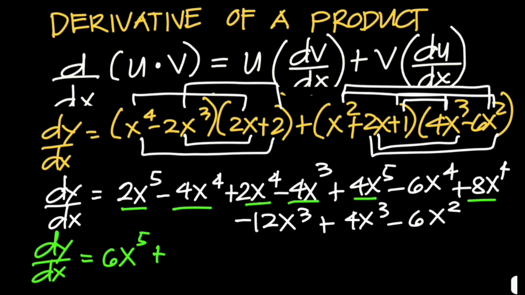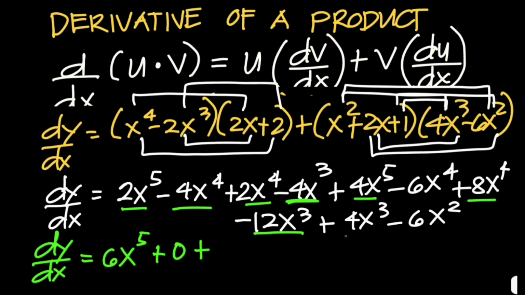Negative 4x to the fourth plus 2 is negative 2. Minus 6x to the fourth, that is negative 8. The negative 8 plus 8 is 0. So that is just 0. And then we have x cubed. Negative 4x cubed minus 12x cubed is negative 16x cubed.